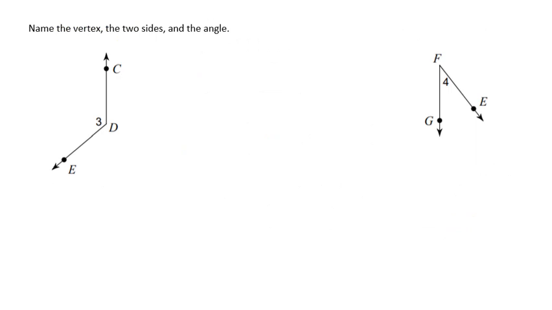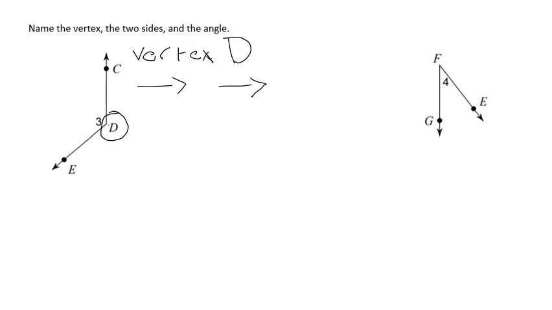Now looking at these 2, what we're going to do is name the vertex, name the 2 sides, and name the angle. So let's do the vertex first. The vertex here is this point where the 2 rays come together. So that's point D. The 2 sides will be rays.